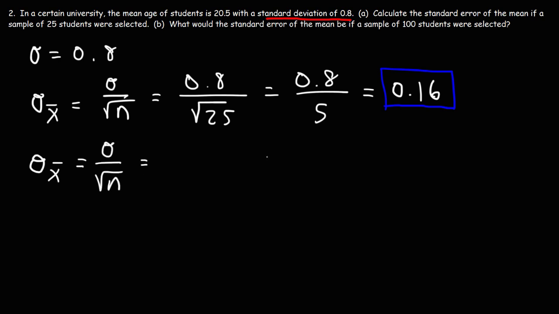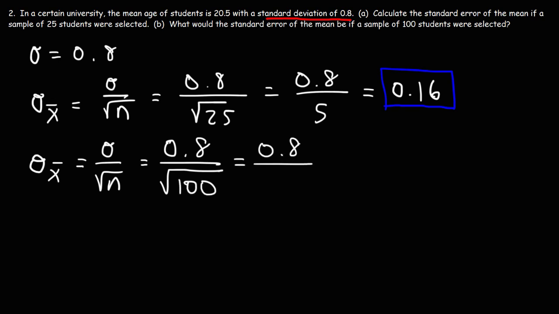So we're going to start with the population standard deviation of 0.8, and this time the sample size is 100. The square root of 100 is 10, because 10 times 10 is 100. So we have 0.8 divided by 10, and that gives us a standard error of 0.08.